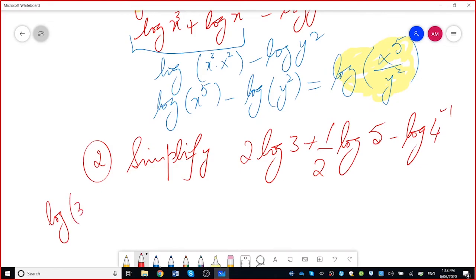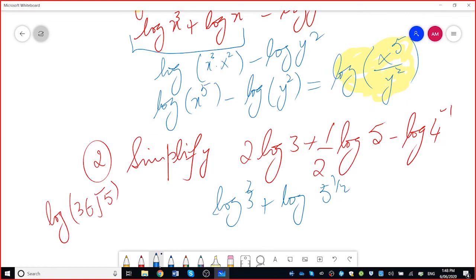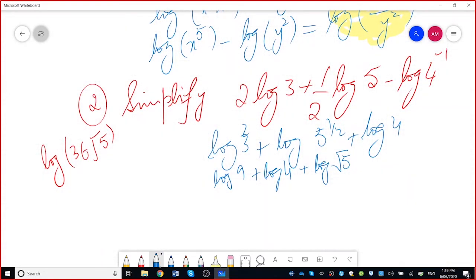So is it equal to log of 36 square root 5? Yeah, that's good. Just going quickly, it would be log of 3 square plus log of 5 raised to the power of under root 2, plus log of 4. So 3 raised to the power 2 becomes log of 9 plus log of 4 plus log of 5.